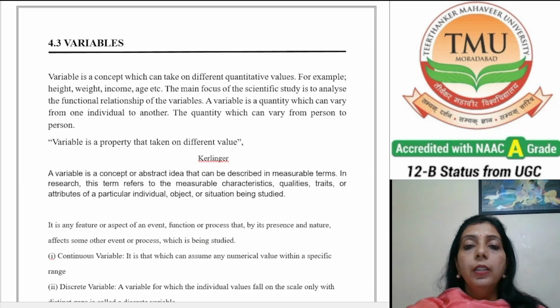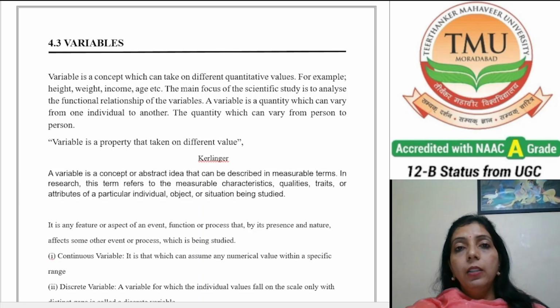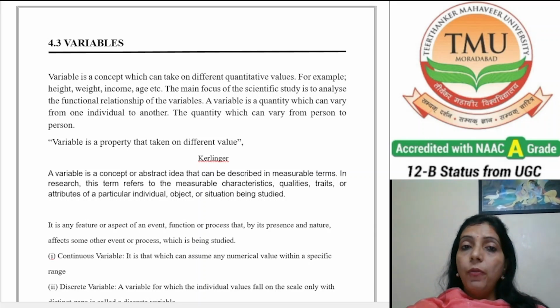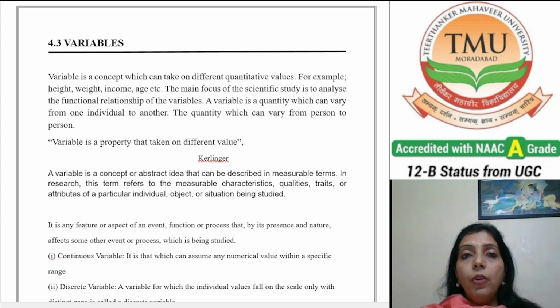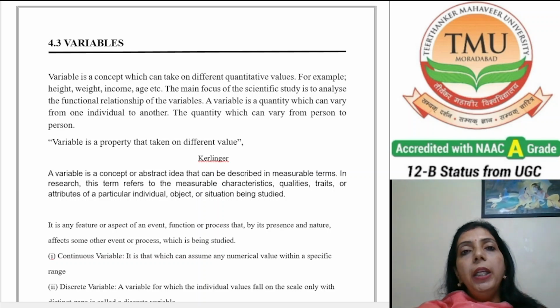In research, this term refers to the measurable characteristics like qualities, traits, or attributes of a particular individual, object, or any situation being studied by the researcher.